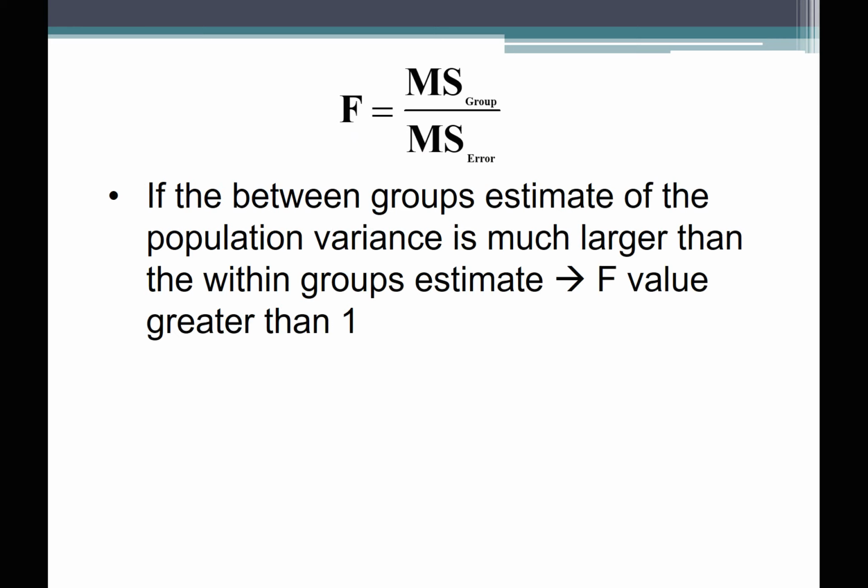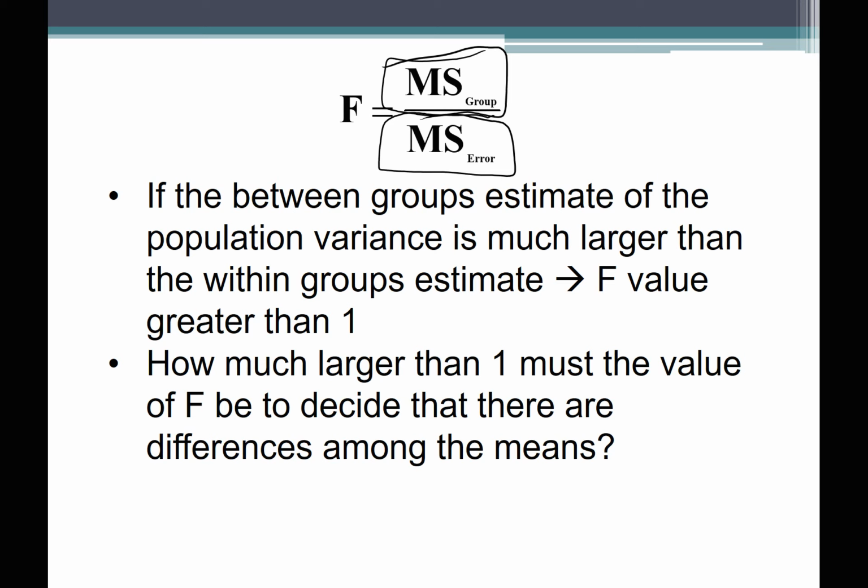So here's our F again, MS group over MS error. And just to reiterate what we've said before, if the between groups estimate of population variation is a lot larger than the within groups estimate, then our F value is going to be greater than 1. If these two are the same, they're going to be about equal to 1.